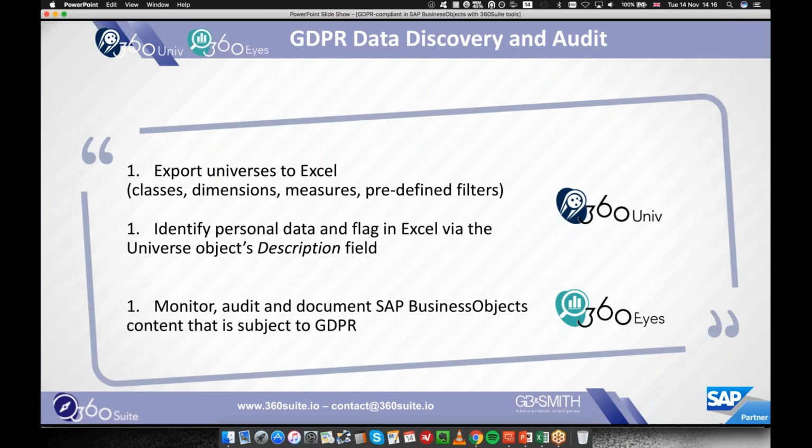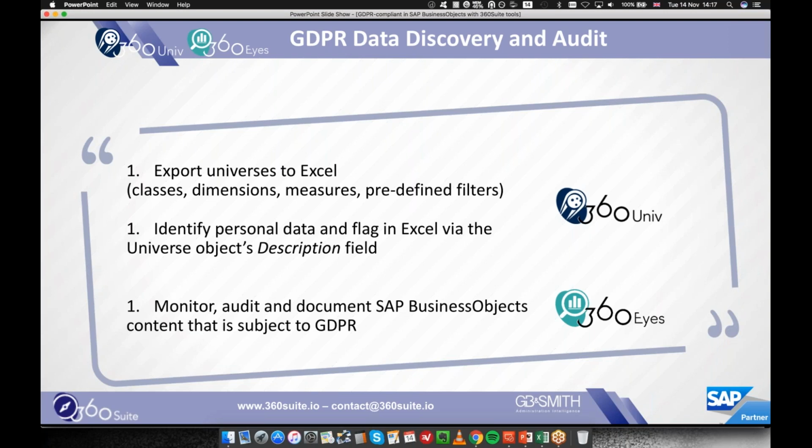And because 360 Univ allows you to do that bulk update, you can then flag in Excel the universe object description wherever there is personal data, and you can tag it in the description field. So you can add a flag of GDPR.